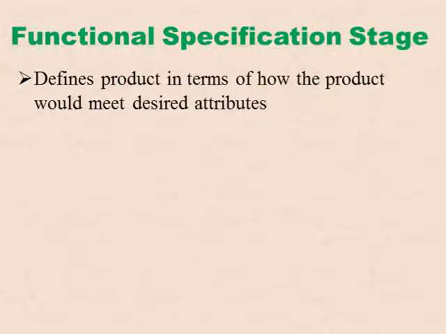Functional specification stage. What is a functional specification stage? It is the product in terms of how the product would meet desired attributes. Suppose there is one mobile, which is going to be manufactured specially for the camera, having a 64 megapixel camera.